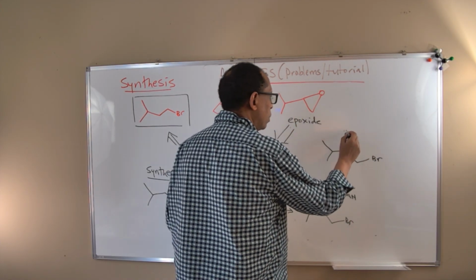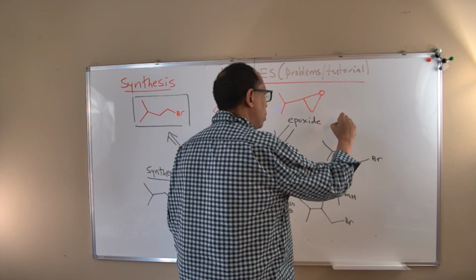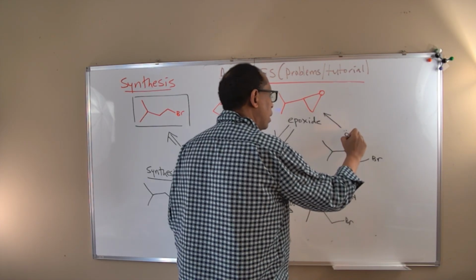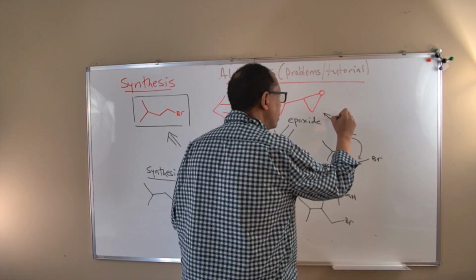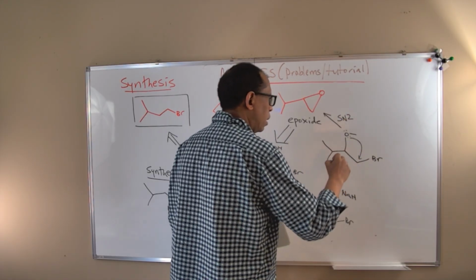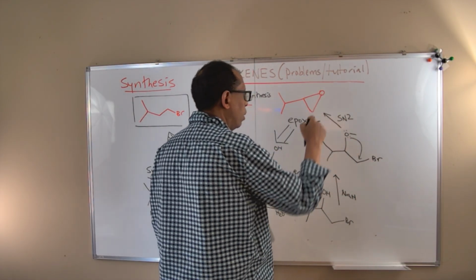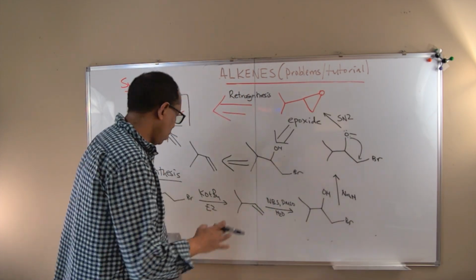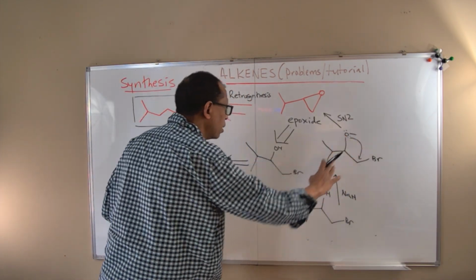Now this would not be stable. I mean, it would attack that by SN2 reaction, intramolecular SN2 reaction, that closes to the epoxide. So these are the forward synthesis.